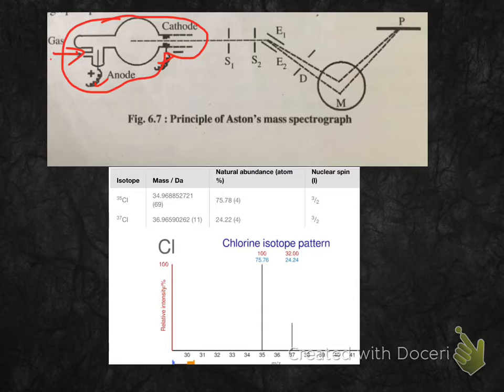These positively charged ions are accelerated towards the cathode since it is negatively charged, and they come out of the discharge tube through this perforated cathode.